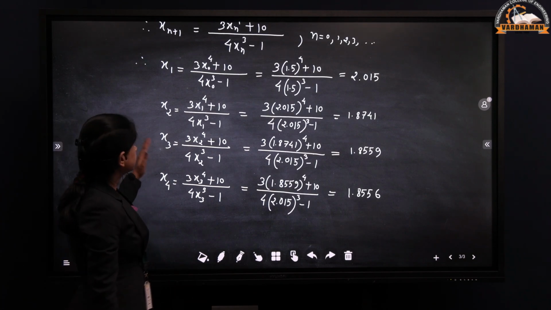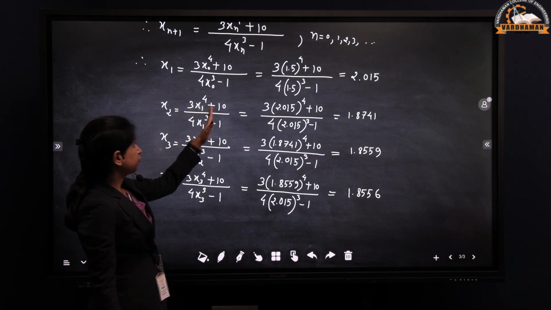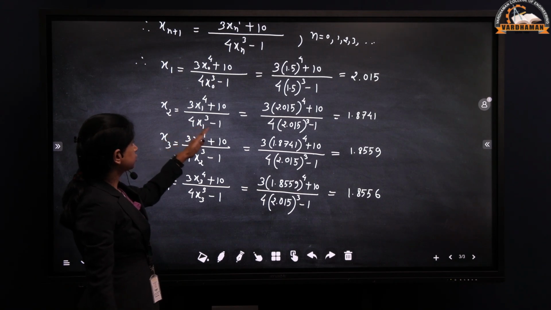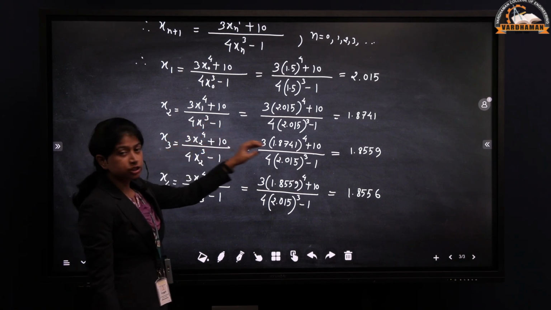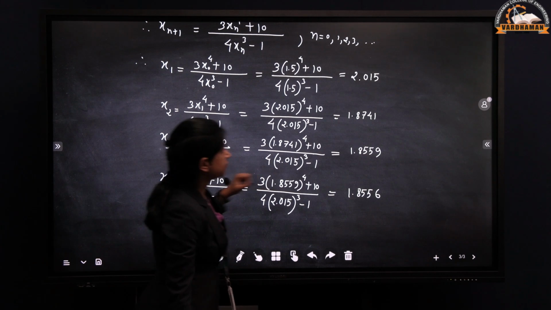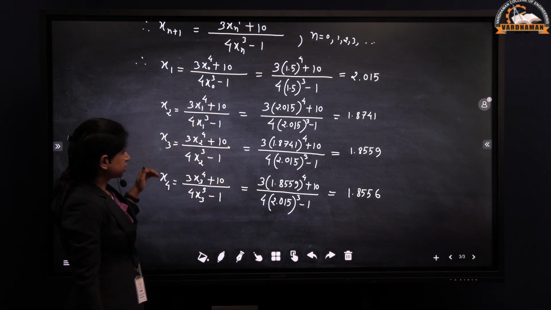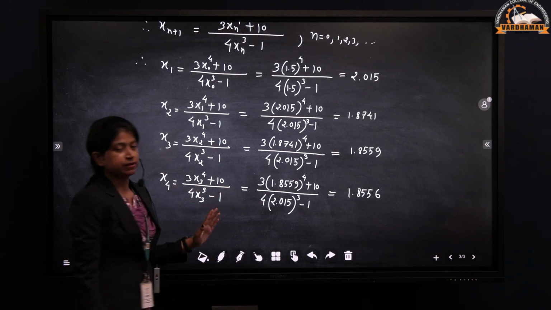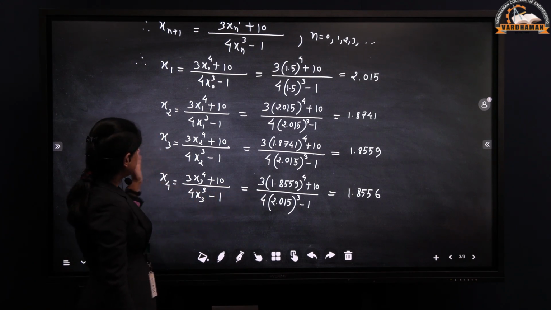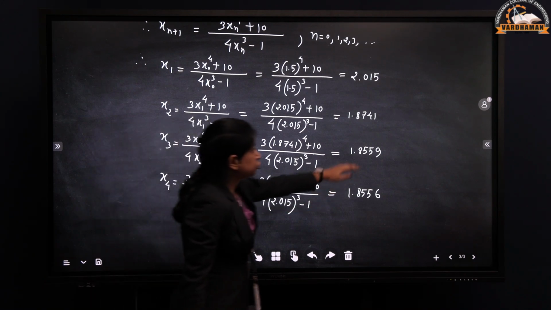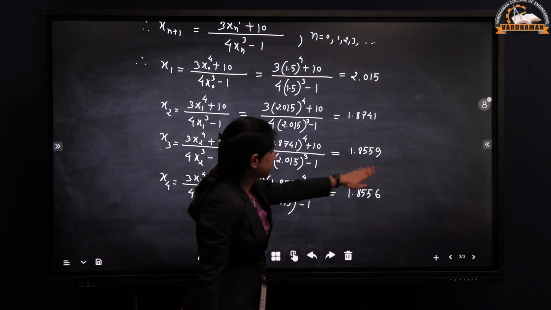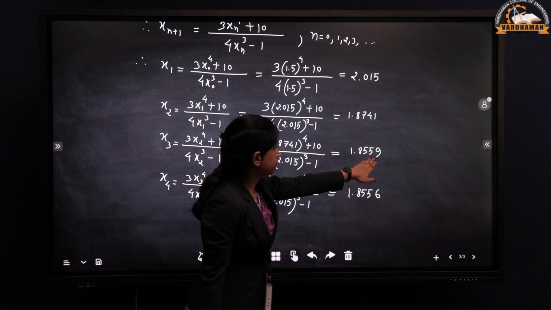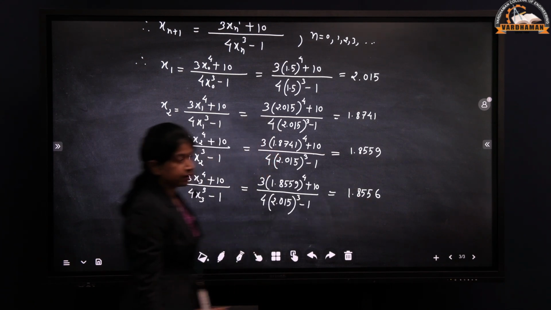So we have x2 equal to 3x1^4 plus 10 by 4x1^3 minus 1, which is 1.8741. And x3, x4 we are getting 1.8559 and x4 is 1.8556. So look at x3 and x4. Up to 3 decimal places we are getting the same value. This is 1.855 and this is also 1.855.